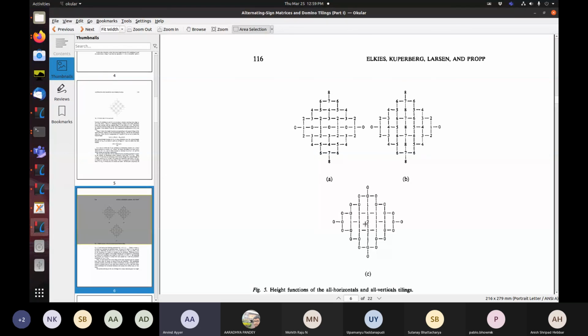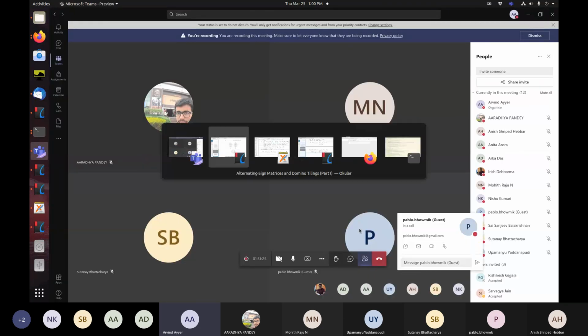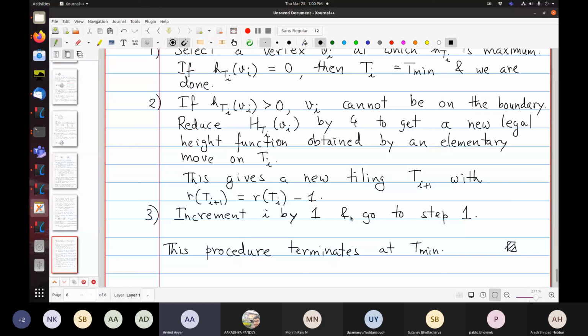What one has to argue is that you can find a V such that you can do this and reduce the height by 1. Can you think about that? What's the guarantee that you can find such a V? As I mentioned, this is subtle.